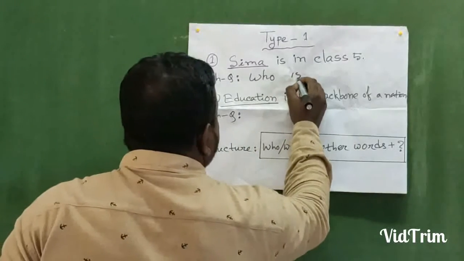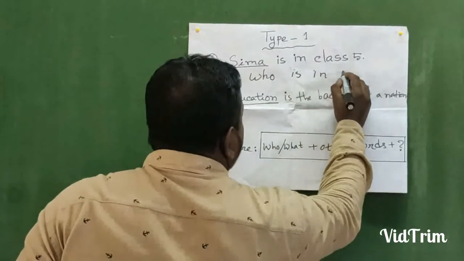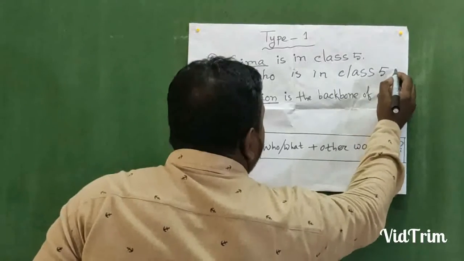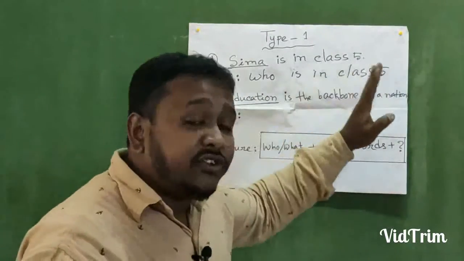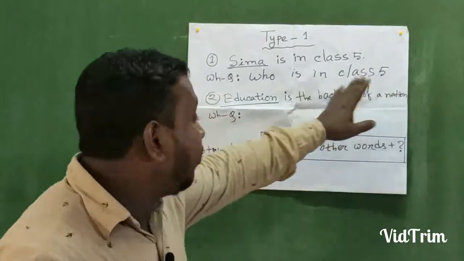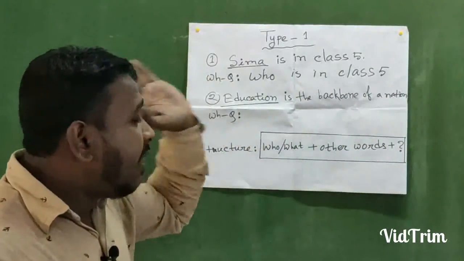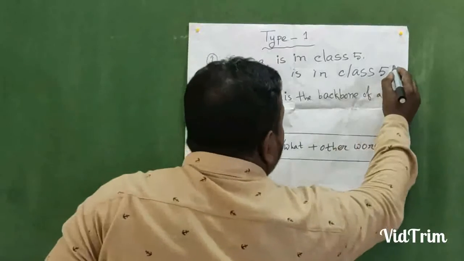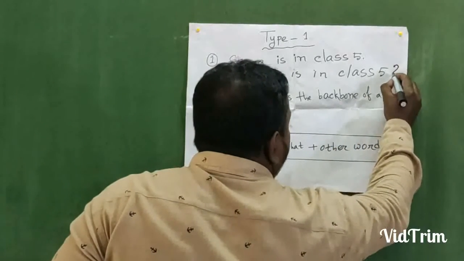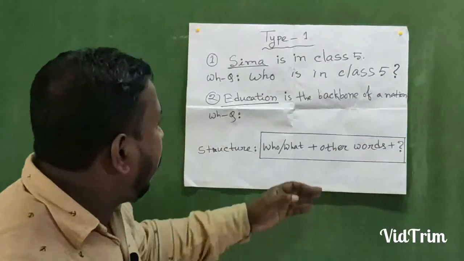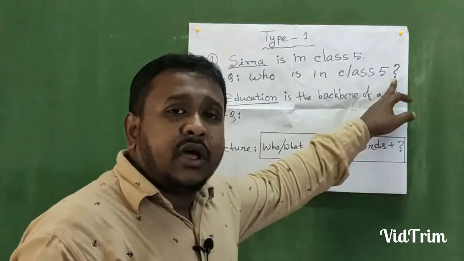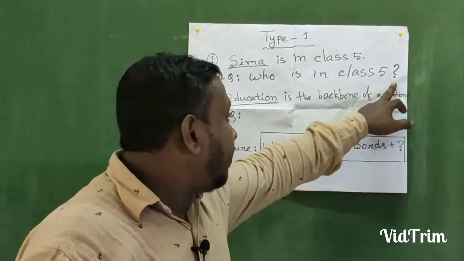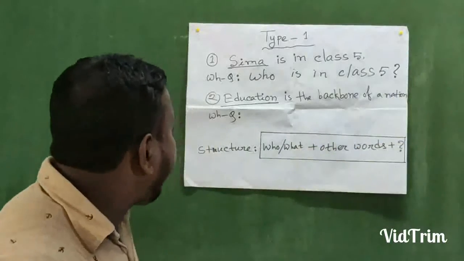Who is in class 5? At the end, we must not give a full stop because it's a question, and at the end of every question we have to put a question mark. If you forget the question mark, the sentence will not be correct. So be careful using a question mark at the end of any question.